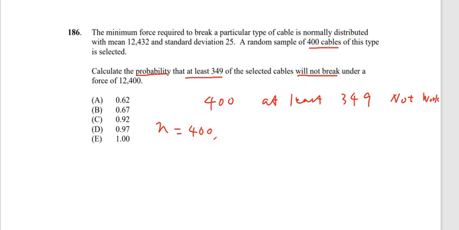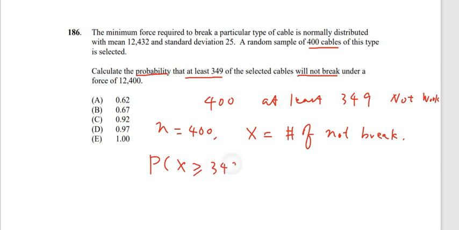And we want to find this probability. So suppose X is the number that do not work, yeah, not break. Okay, so we want to find the probability that X is at least larger than 349.